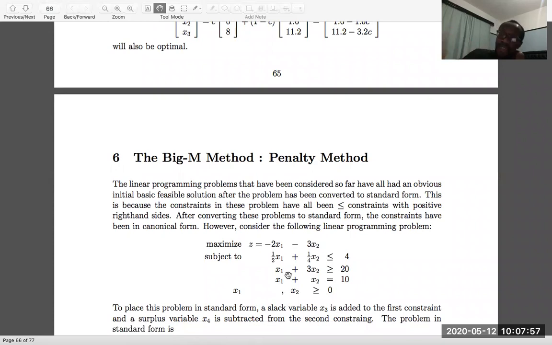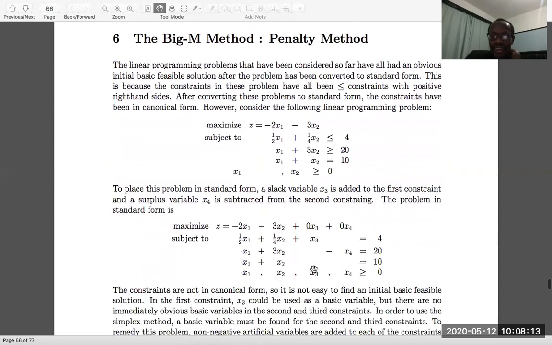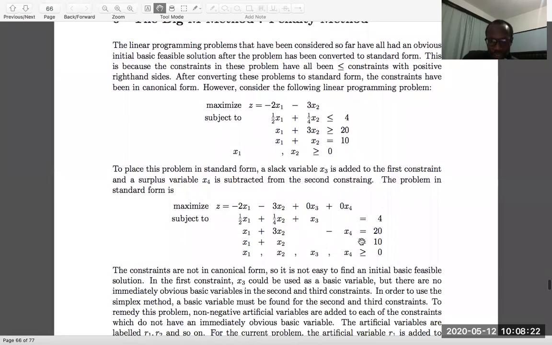Remember, we could read a basic feasible solution by reading the slack variables in our solution. Here we can't, because here we will add x3, here we will subtract x4, and here we don't have to add anything, it's already satisfied, so no addition. So when you write it, you should get this, right?